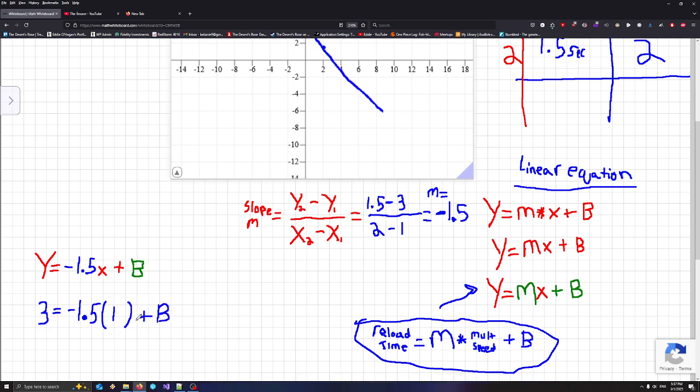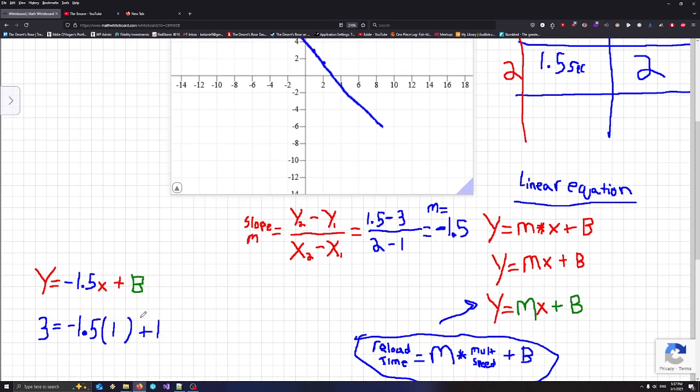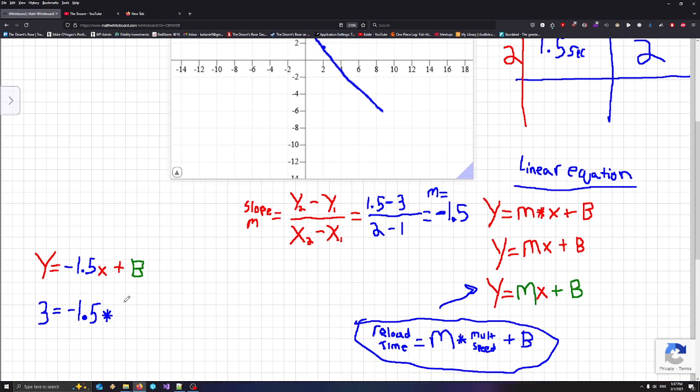And like I said, you can draw multiplication with parentheses if you want, but let's write it out. I want to make it as easy to understand as possible. So 1.5 times our x value. We do that first. Plus b, which is our y-intercept.